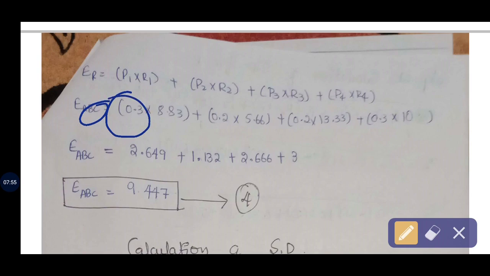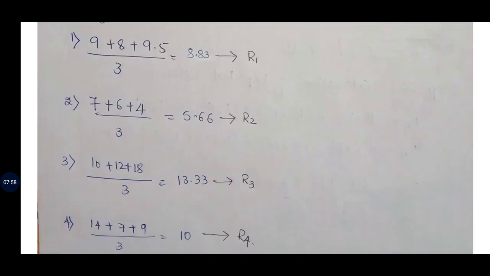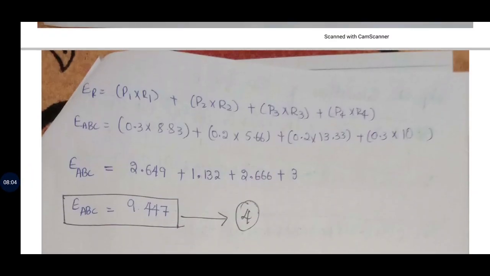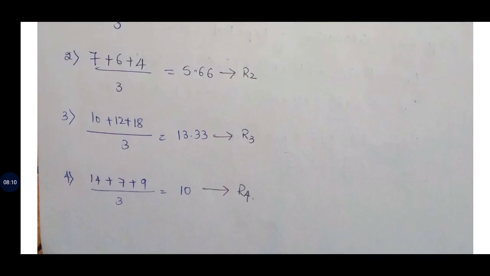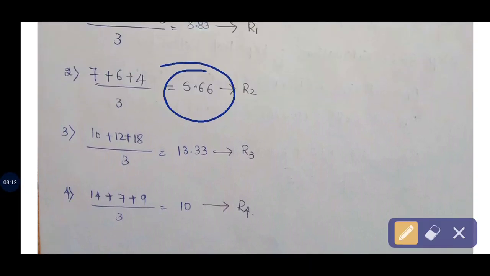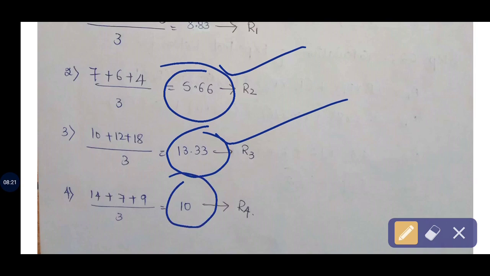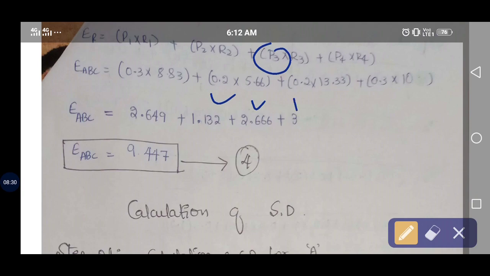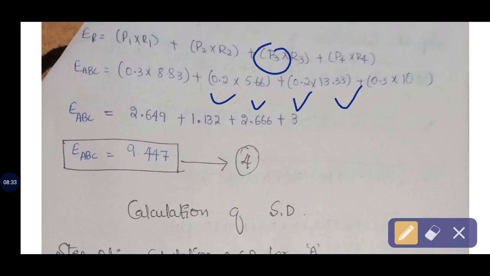So 0.3 into R1, which is 8.83, P2 is 0.2 and R2 is 5.66, P3 is 0.2 and R3 is 13.33, P4 is 0.3 and R4 is 10.